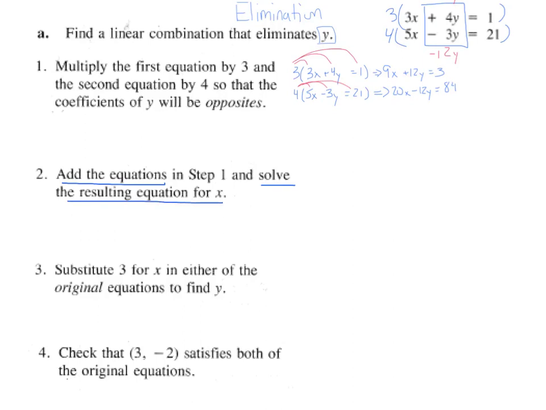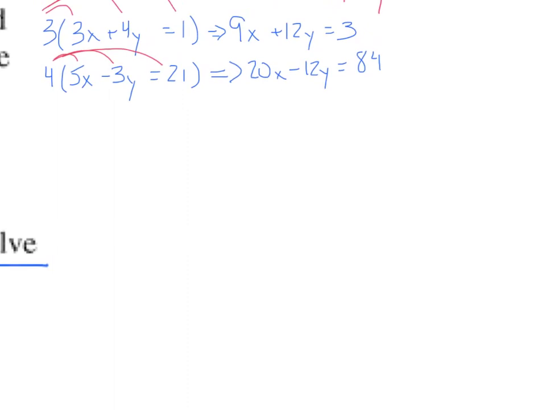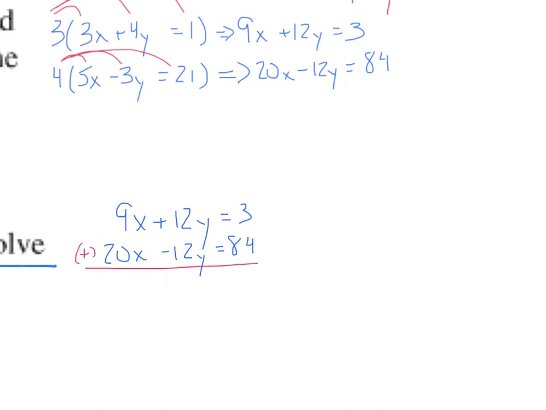So when it says add the equations from step 1, we're going to take those two equations, 9x plus 12y equals 3 and 20x minus 12y equals 84. I am going to add those two equations together.